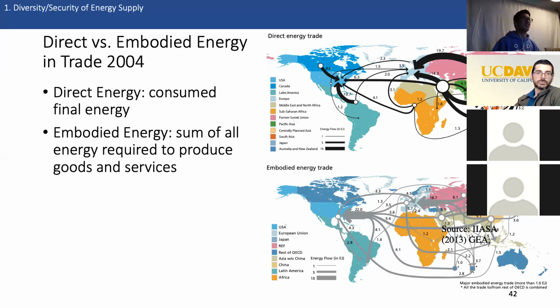The embodied energy includes the sum of all of the energy along the full life cycle chain of any particular fuel that's getting traded across. And here you can see that the embodied energy is highest going into the US and into Europe. So direct energy versus embodied energy will actually look pretty different.